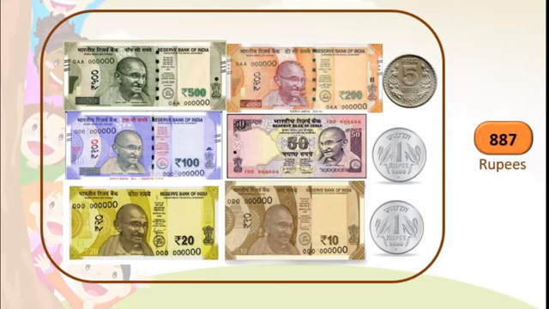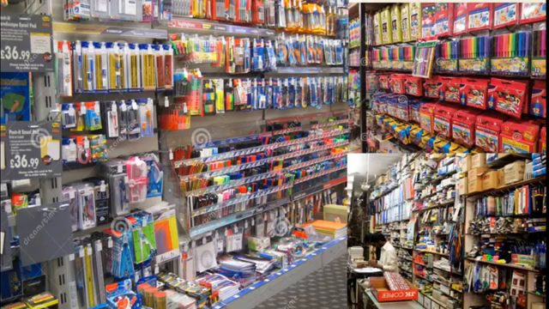Okay, nice students. Yes students, now you know the values of different coins and the values of different notes, isn't it? Now in the next week we will go to the shop. You can see this shop.